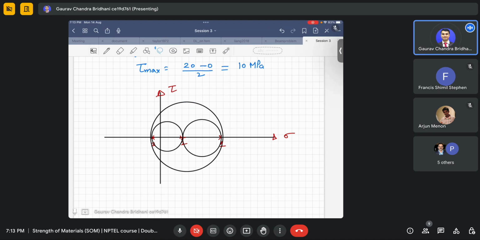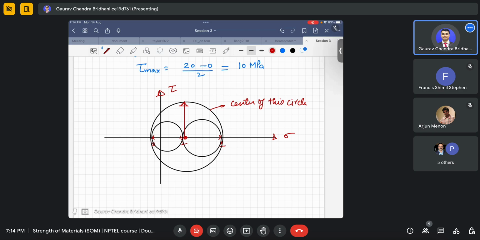Okay, so the Tom X is always represented. So we have to find what? We have to find the center of this circle. Okay, and from the center of that circle, you have to find the radius of that, basically.